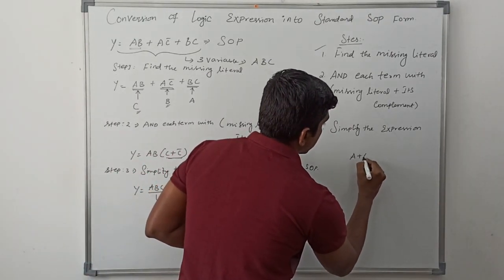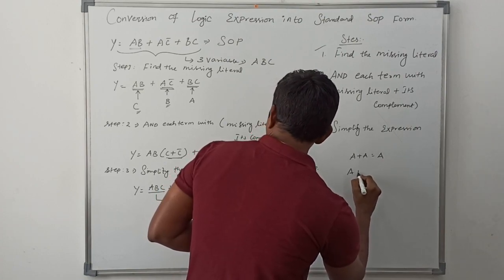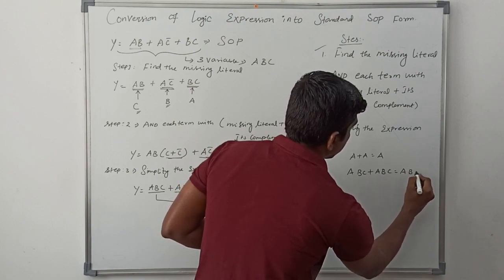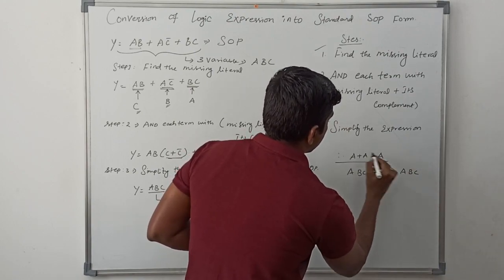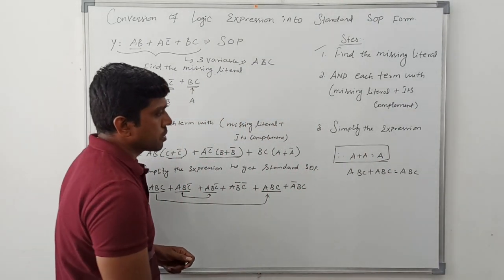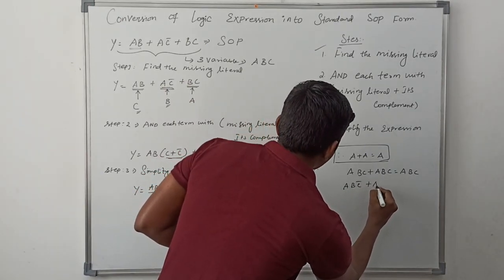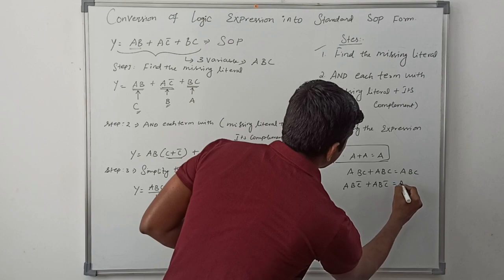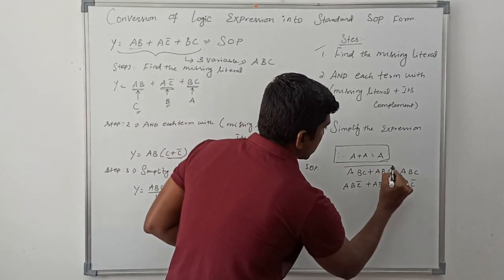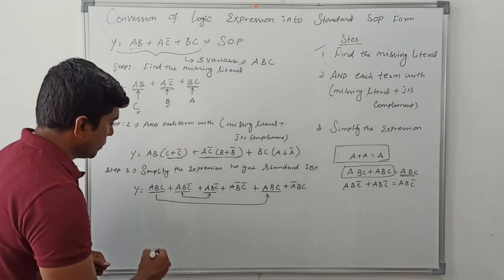A plus A equal to A, so ABC plus ABC equal to ABC. We already studied this in the Boolean rules. Then ABC bar plus ABC bar equal to ABC bar. Instead of these two terms, we can write it once.